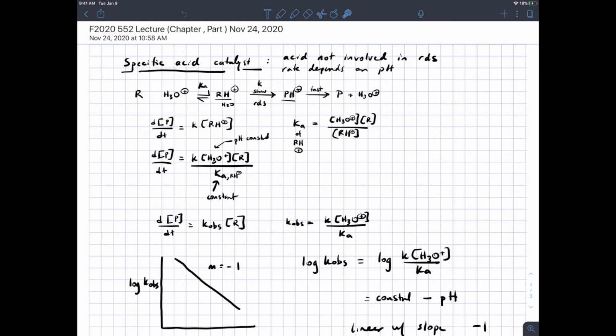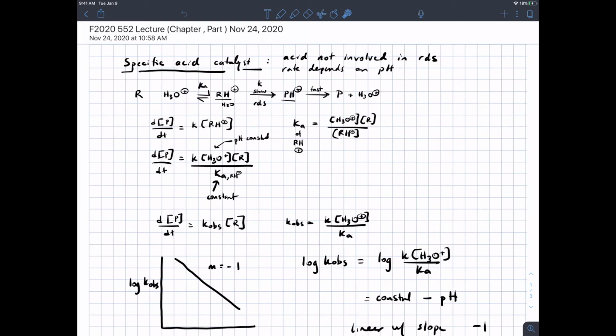So we set up our kinetic scheme like this. You have some starting material that has to get protonated first, and then in a slow step you convert to protonated product, and then you have the product leave and you regenerate H3O+. And we went through the kinetic analysis.